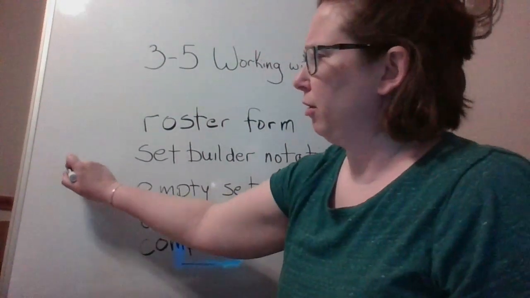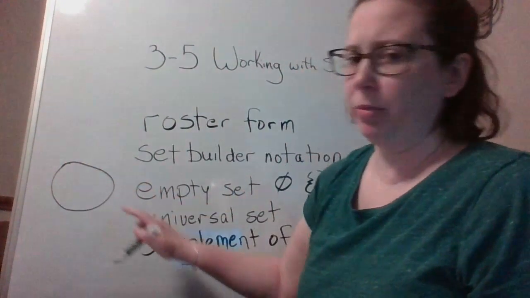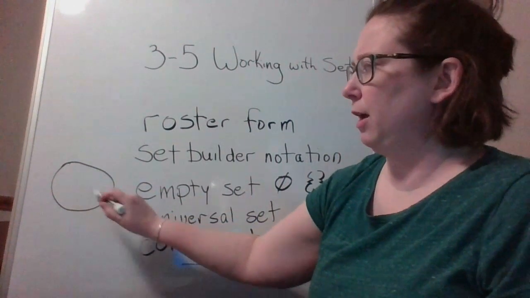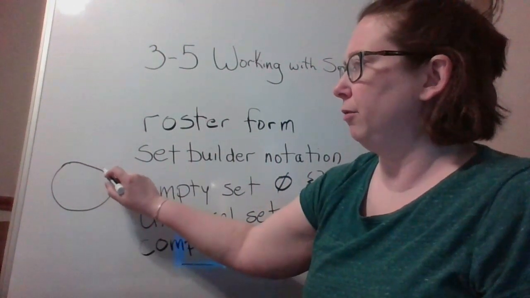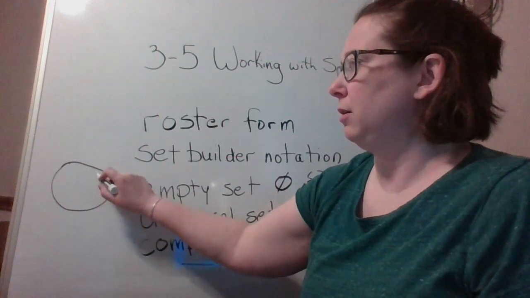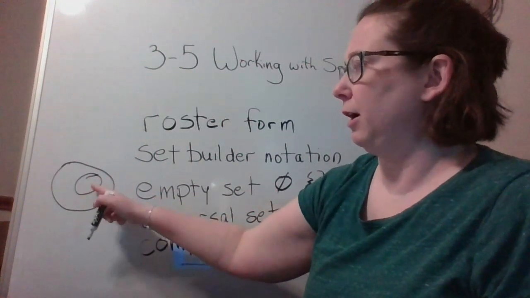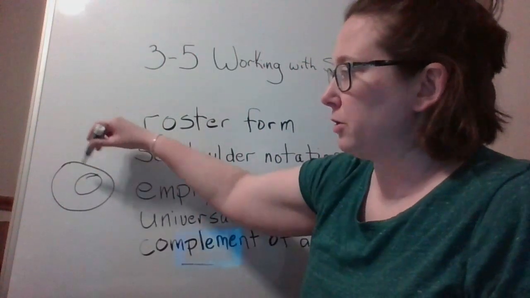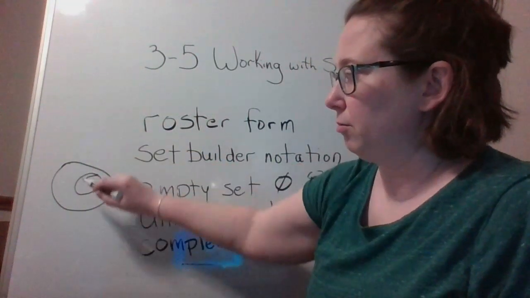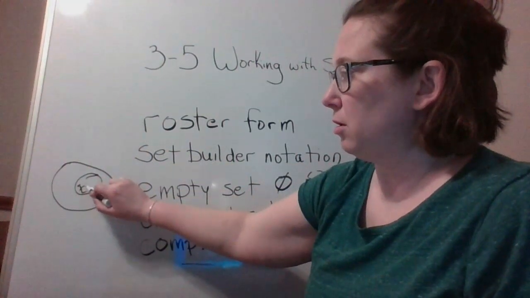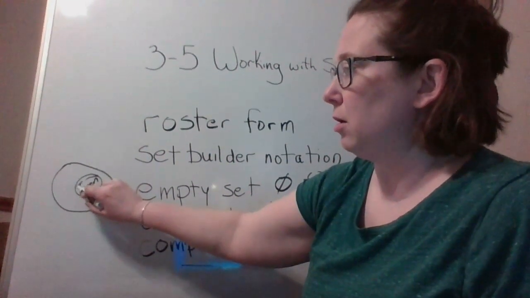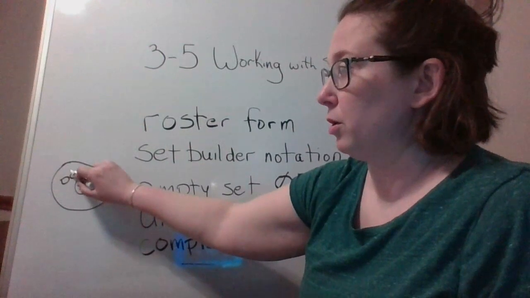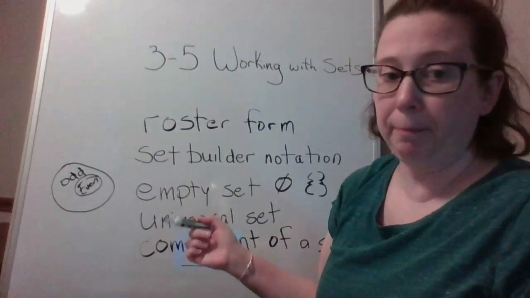We have all real numbers, okay? This is all real numbers. Within that, I have a subset that is even numbers. Outside of that circle, my even numbers, I have my odd numbers, okay?